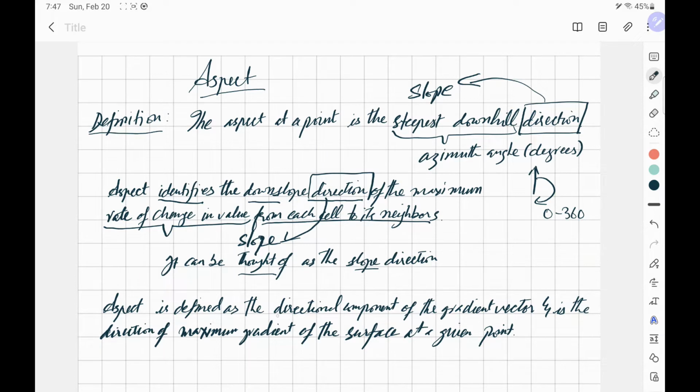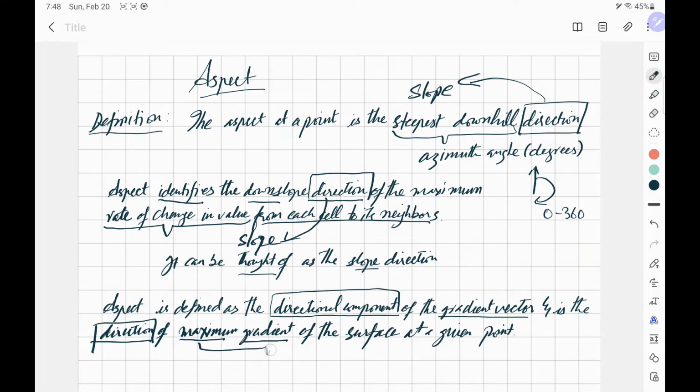So it is actually a directional component of the gradient vector. What is a gradient vector? Gradient means tangent vector. So it is the directional part of a tangent vector. Let's explain it more. It is the direction of maximum gradient, meaning maximum slope of the surface at a given point.